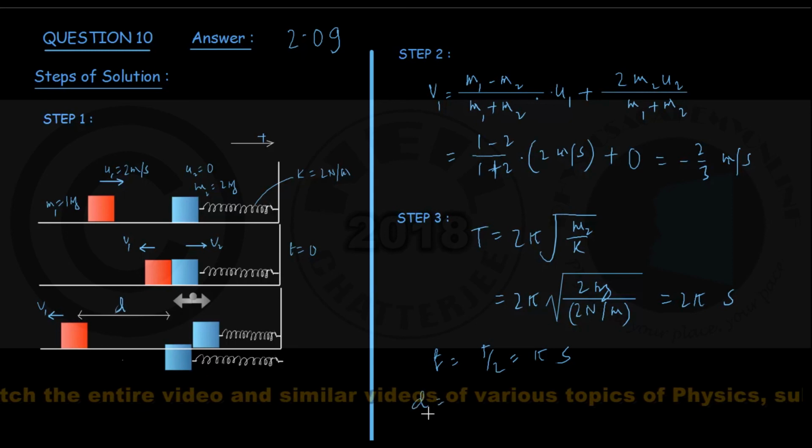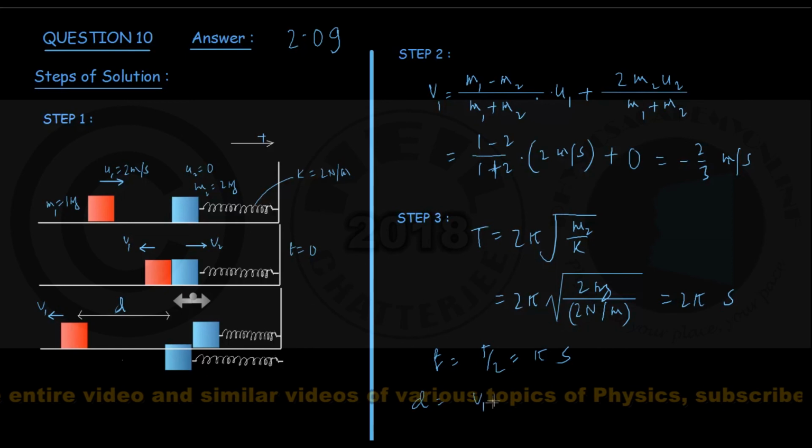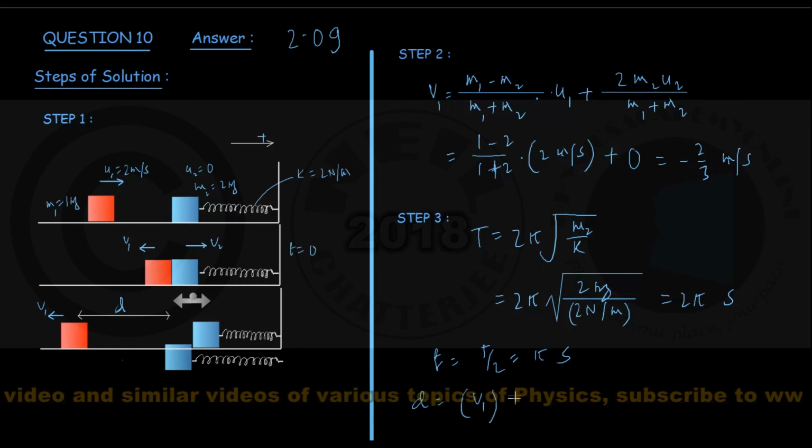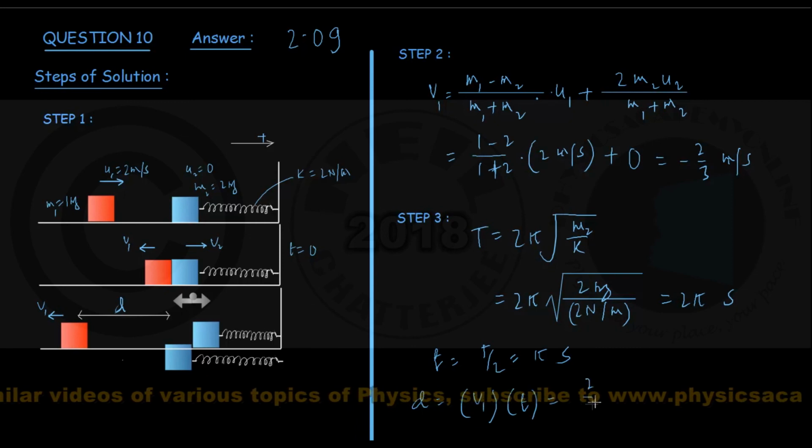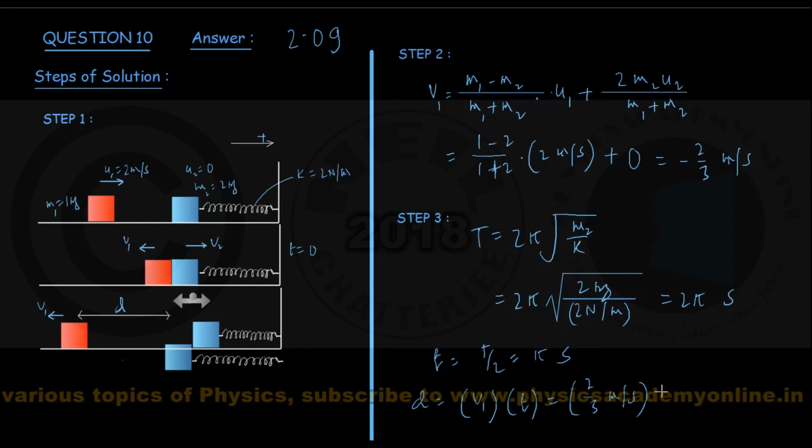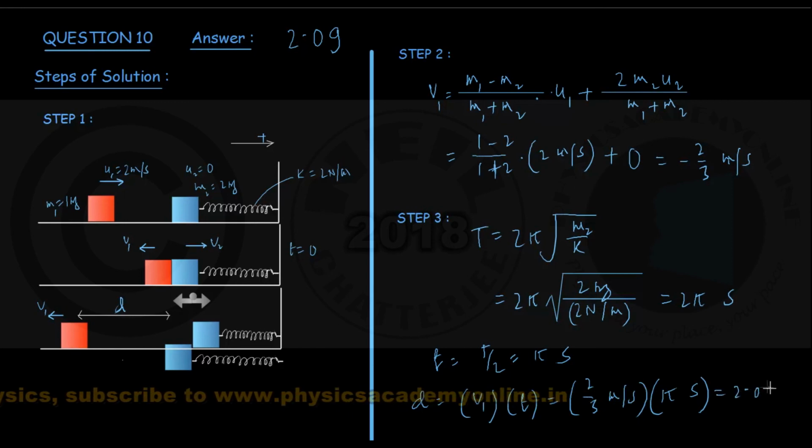And that distance d is equal to v1, its magnitude only, into the time elapsed, that is small t, coming out to be 2 by 3 meter per second multiplied by pi second. Pi is 3.14, coming out to be about 2.09 meter. And that is the solution of the problem. We got that when the spring regains its length for the first time, at that instant the distance between the blocks is 2.09 meter.